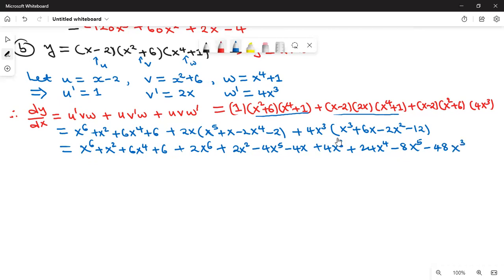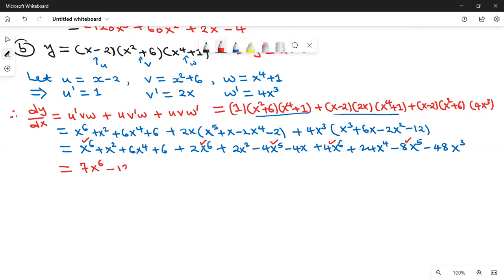And so now we collect the like terms. Let's see, x raised to 6, we have 1. Here we have 2, so that is 3. And another 4, that is 7. So we have 7 times x raised to 6. What about x raised to 5? I can see negative 4, negative 8, that is negative 12.